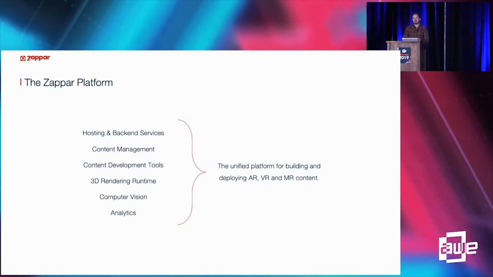We have a complete content management system called ZapWorks that allows you to build and manage AR, VR, and MR content. We have a set of content development tools for building it, and we'll see one of those tools in my talk. We have a really lightweight 3D rendering runtime. So that's the bit that runs on your phone or indeed in the browser, as we'll see, and takes the content that you've built with those tools and shows it to the user.